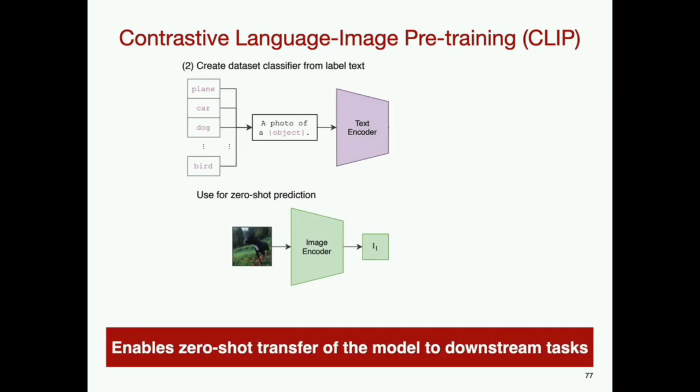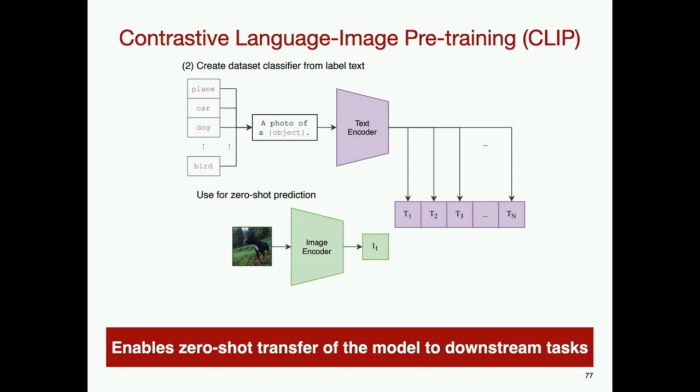The great benefit of this is that we can now enable zero-shot transfer of the model to downstream tasks. What I mean by that is, in CLIP, because we have trained both a text encoder and an image encoder, we can take the classes we care about, let's say plane, cat, dog, bird, etc., and get text embeddings corresponding to these classes, and that's T1 through Tn here.